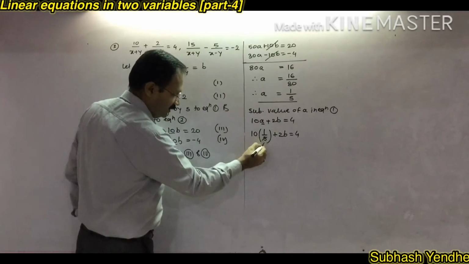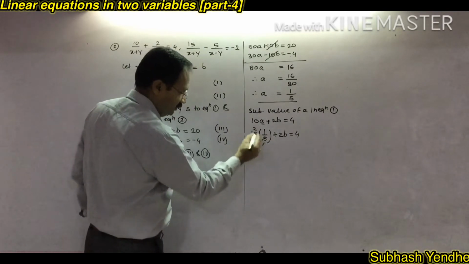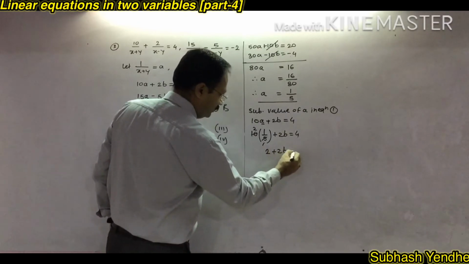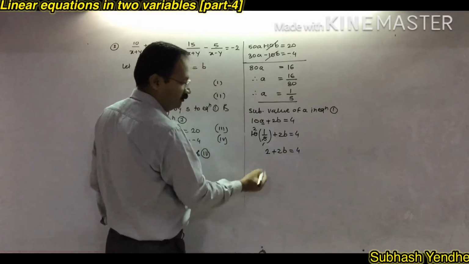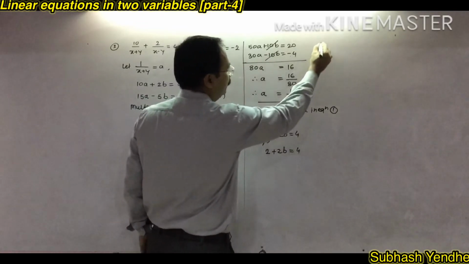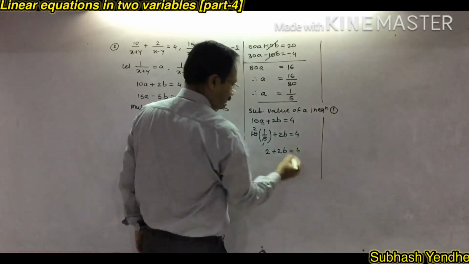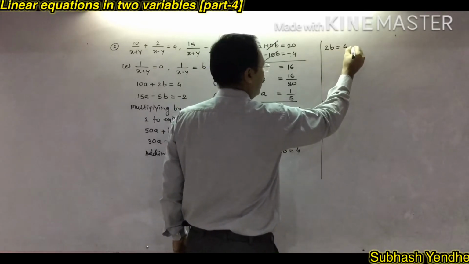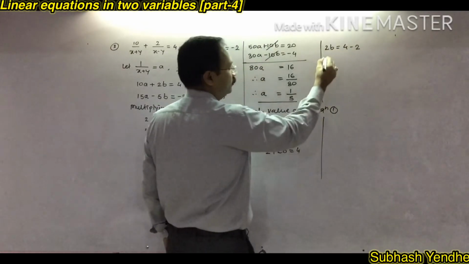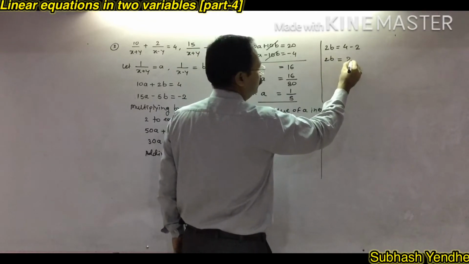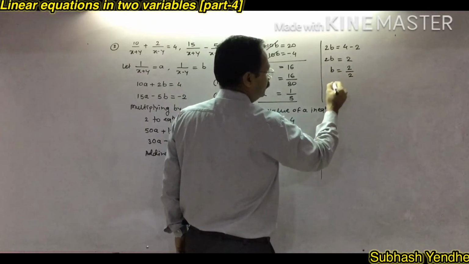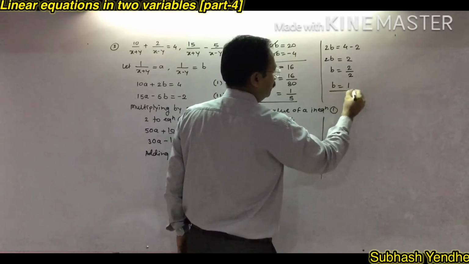So 5 1s are 5, 5 2s are 10, so it remains 2, 2 1s are 2, plus 2b equals 4. Now 2 goes on that side. So you will get 2b equals 4 minus 2. So 2b equals 2. Then 2 goes on that side. So 2 upon 2 means b equals 1.